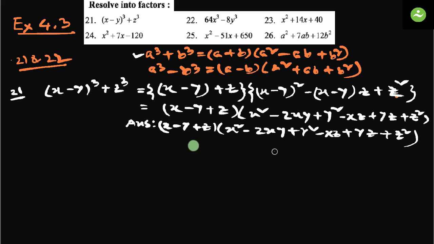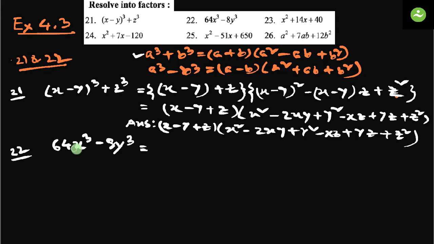This is that. Number 22. 64x cube minus 8y cube equals, here if we get something common in the expressions, we will always take that common out.